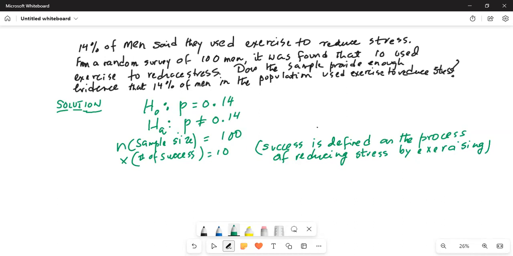One thing we need to understand, P0, which was the hypothesized population proportion, population proportion of success.